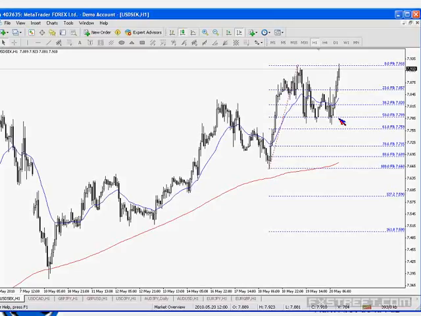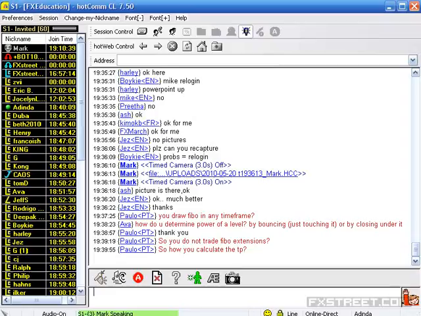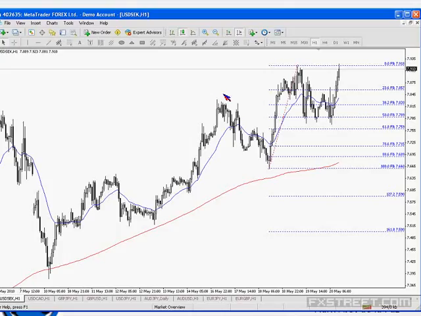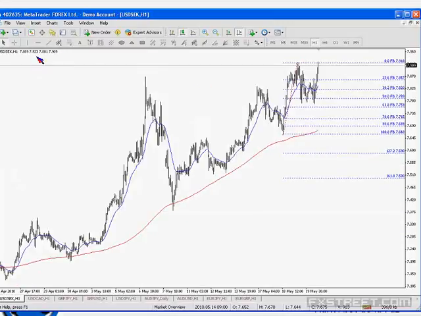We will go to that tool, the fib expansion tool. Basically, for me, let's take a look at this chart, the Swedish krona. We don't have a previous reference point, so this is one time when I would be using fib expansions, which we will go to later on. I don't want to get ahead of myself.